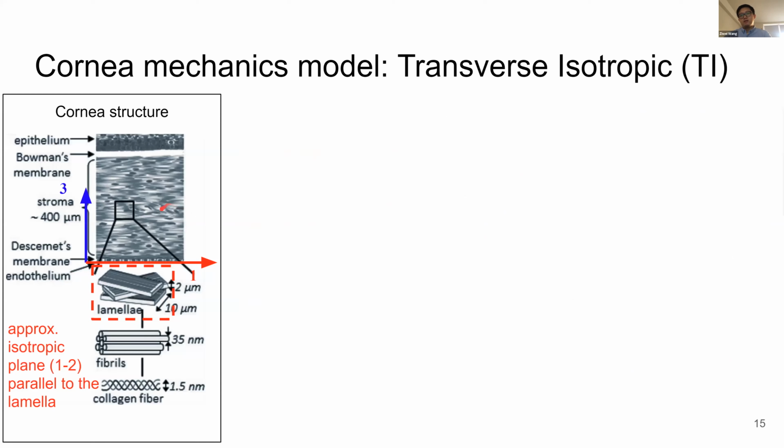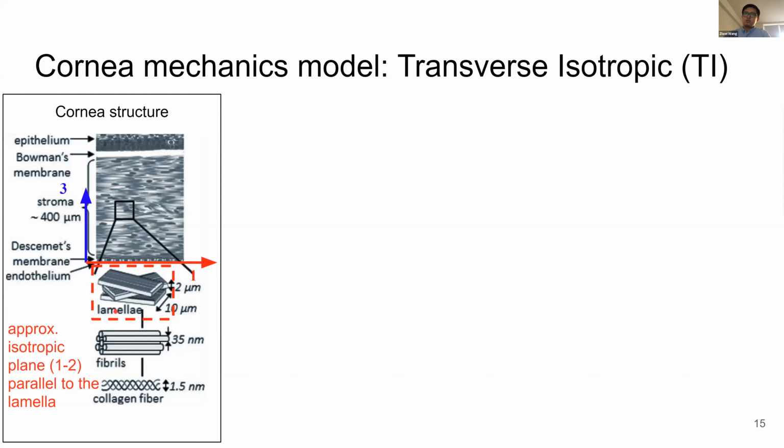So this again is the anatomy of the cornea, and as I mentioned earlier, the stroma consists of hundreds of layers of lamella. The stacking is like having many plates stacked together in the vertical direction, and the properties in the stacking direction can be very different from the in-plane properties.